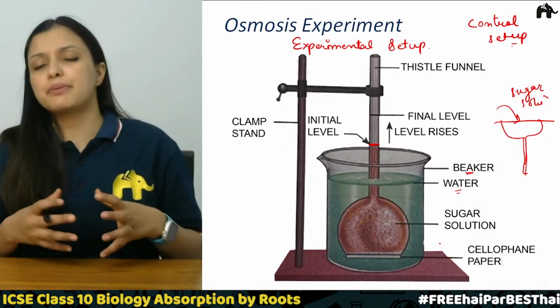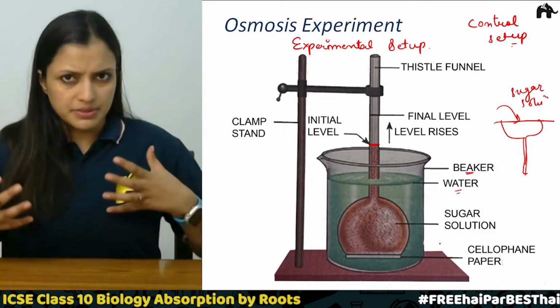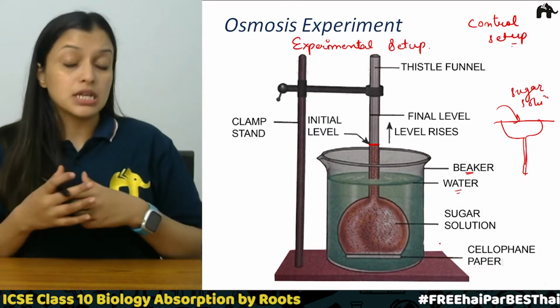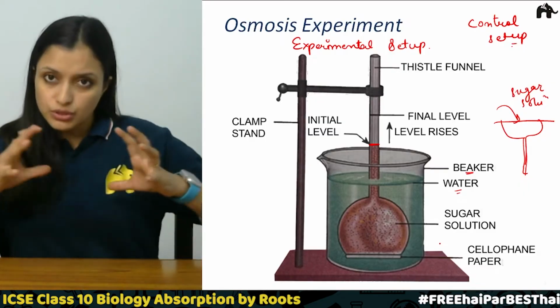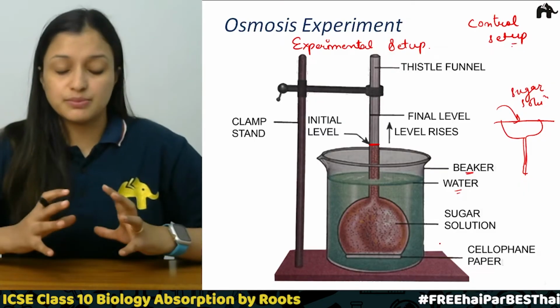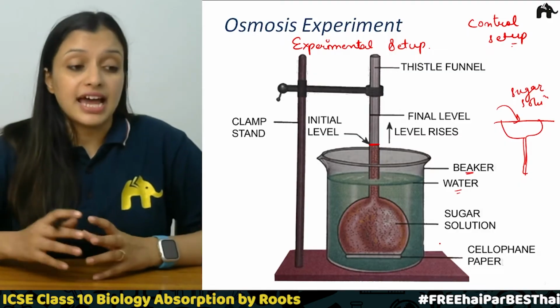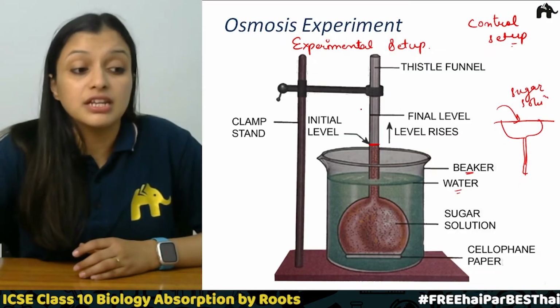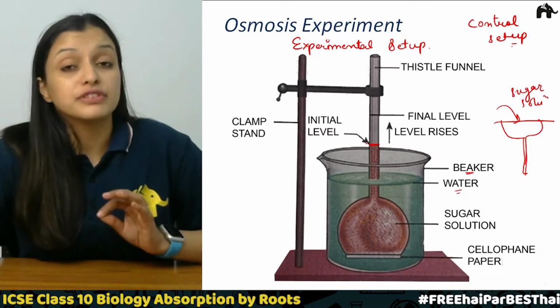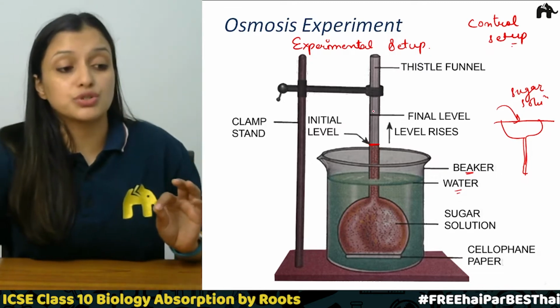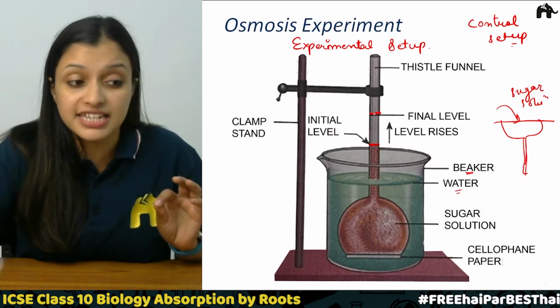Now what will happen after some time, or you can say after a few hours, when we notice both the setups? We will see that in the case of the thistle funnel, the level of this sugar solution has increased.